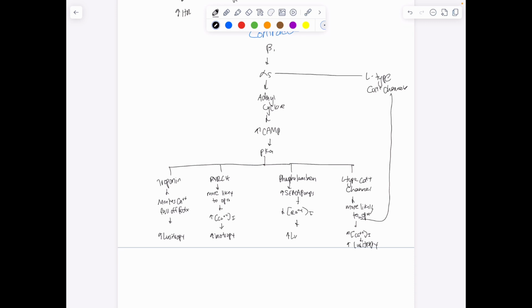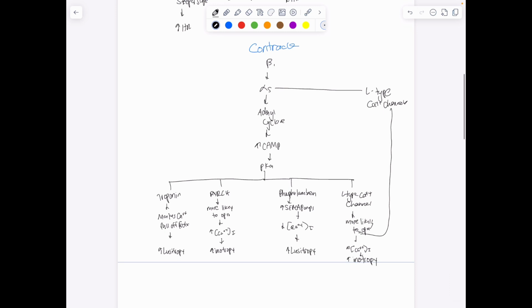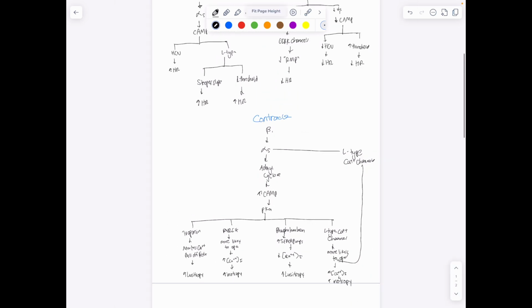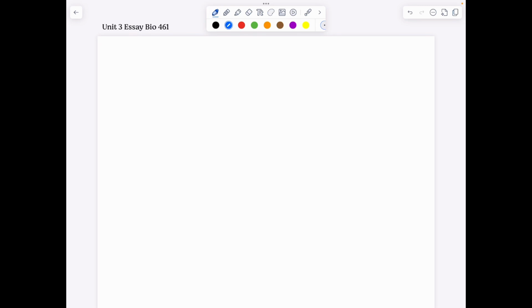And then this is going to be an increase in inotropy. And that fixes those mistakes. For this next and final part of this essay, we're going to talk about the cardiac cycle.